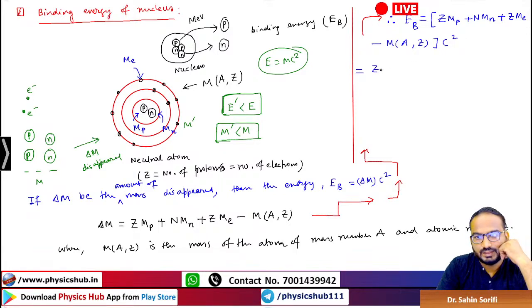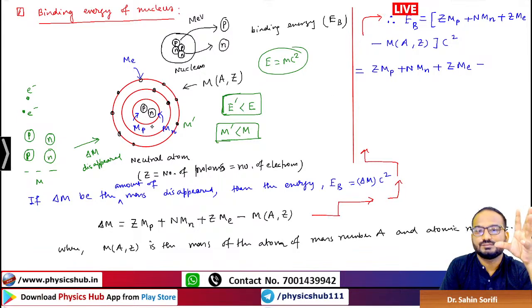Look, if you consider the mass of an atom, it is the mass of the nucleus plus that of the electrons.